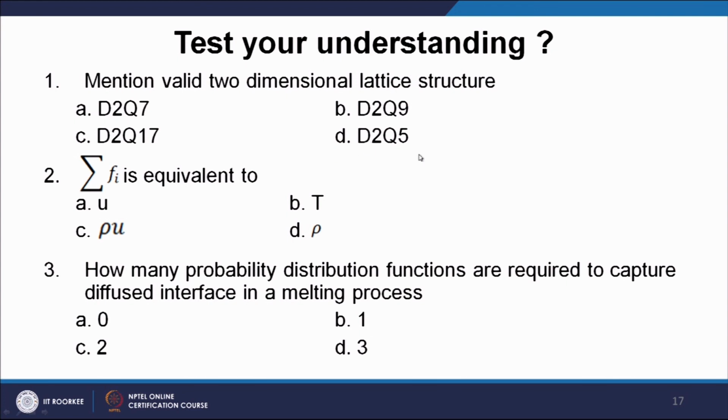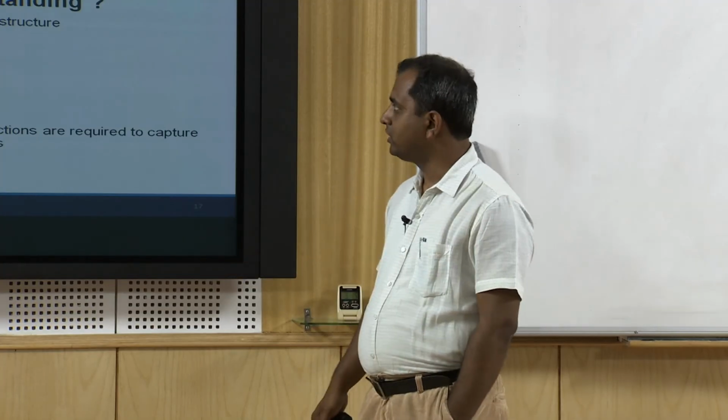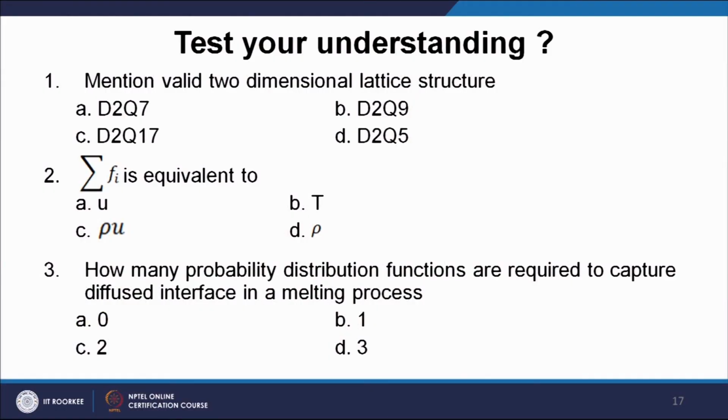Already we have shown you D2Q9 is probably the correct one, but if you remove the corner directions and keep only the horizontal and vertical directions, the D2Q5 lattice structure is also possible, which I have not shown you in this lecture. So, the correct answer will be B and D, both D2Q9 and D2Q5. The other two cannot be accommodated in a 2-dimensional structure.